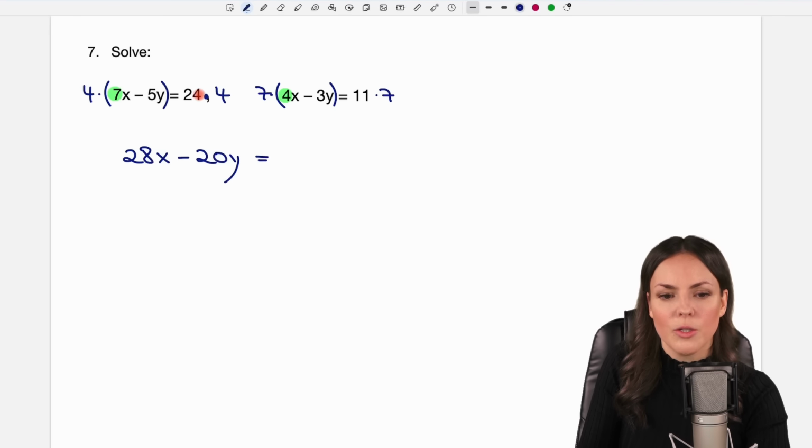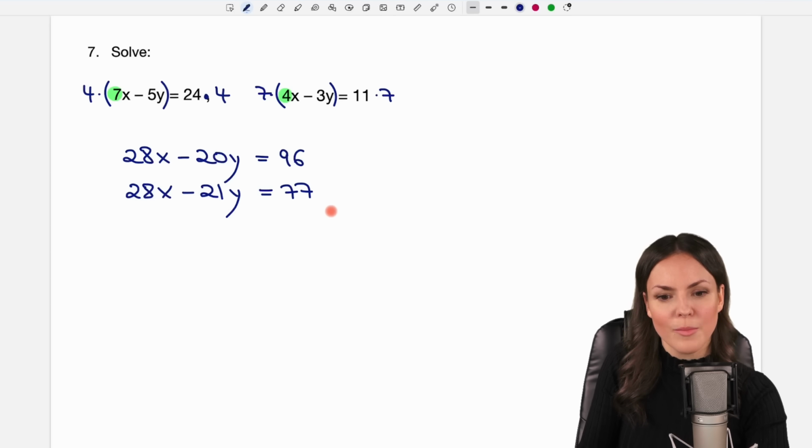And on the other side, 24 times 4 equals 96. Second equation, 7 times 4x equals 28x. 7 times negative 3 equals negative 21y. And on the other side, 11 times 7 equals 77.